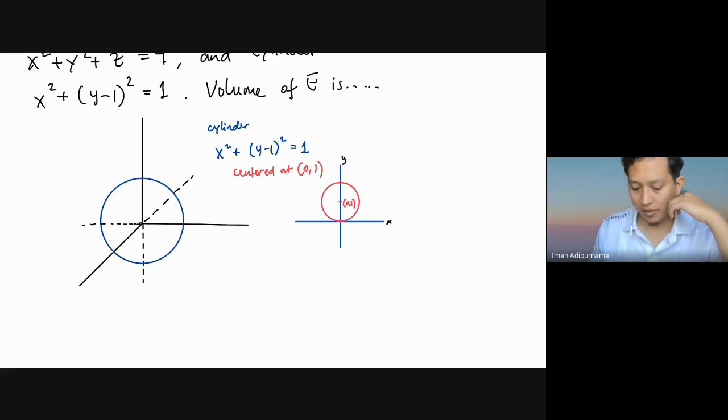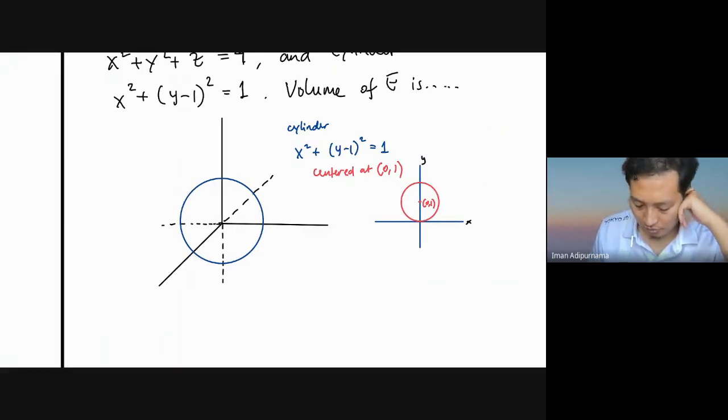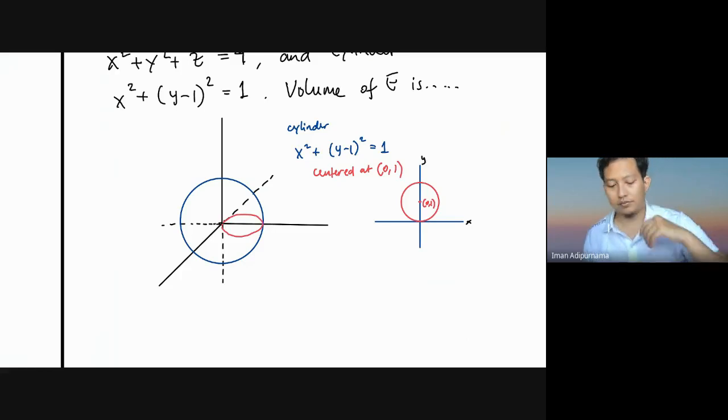Okay, I hope you get the idea. So the circle will be here, and it takes some height, if you can imagine that. It will form a cylinder.